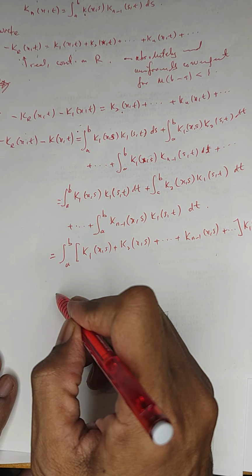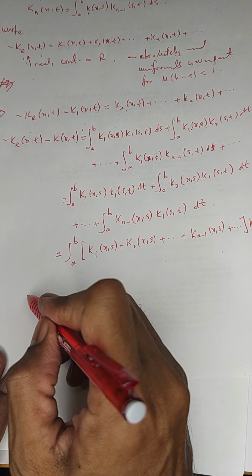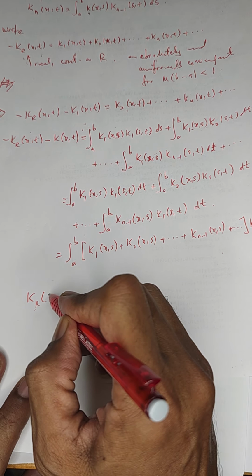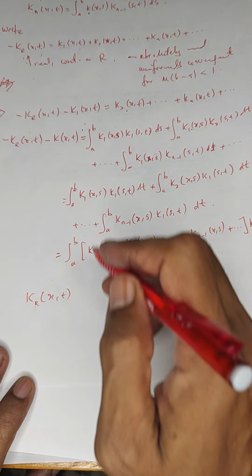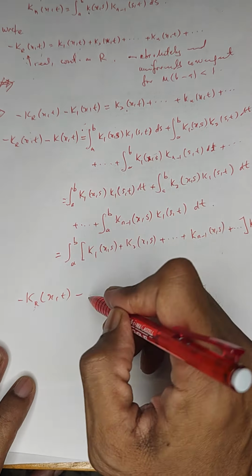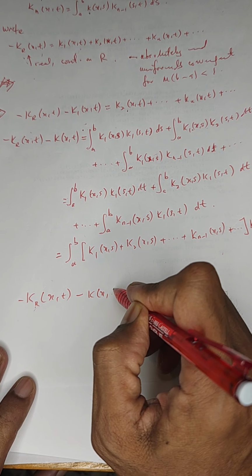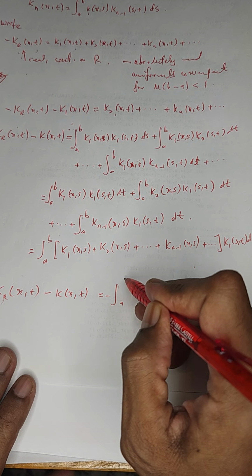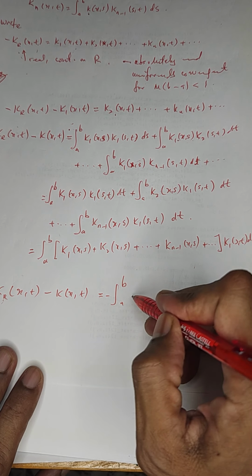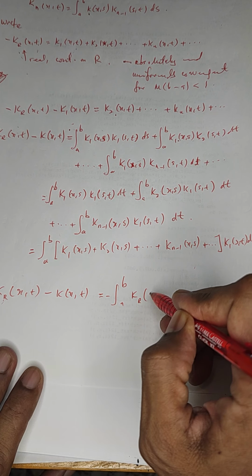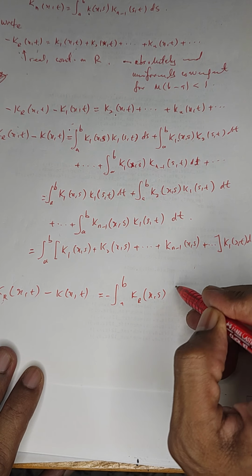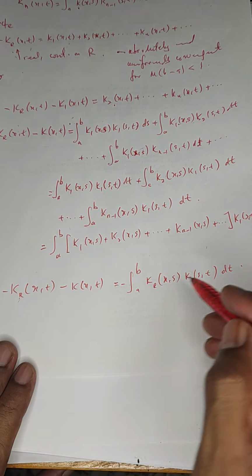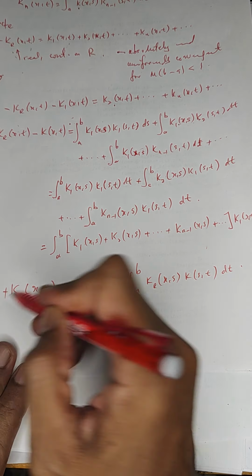this is equal to, so we can write k_r(x,t) minus k(x,t), and this is the negative of integral a to b, all this is k_r(x,s) k(s,t) dt. So this minus, so we have plus everything.